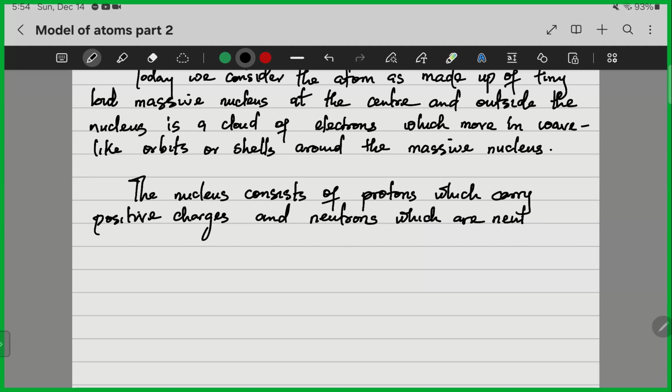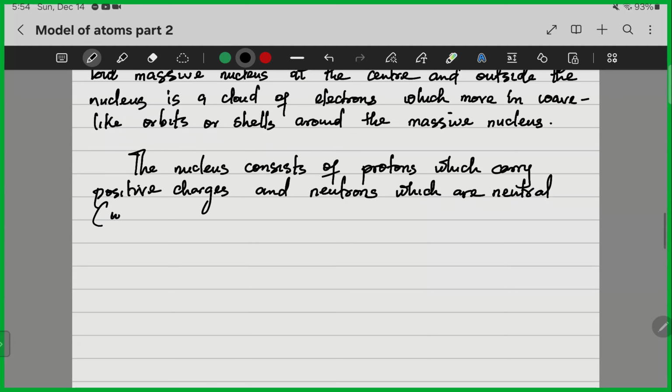When we say neutral, we mean they carry no charge.